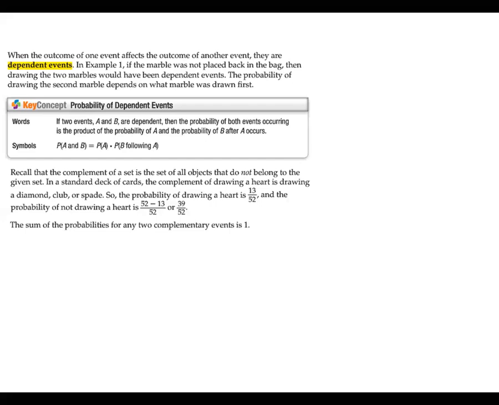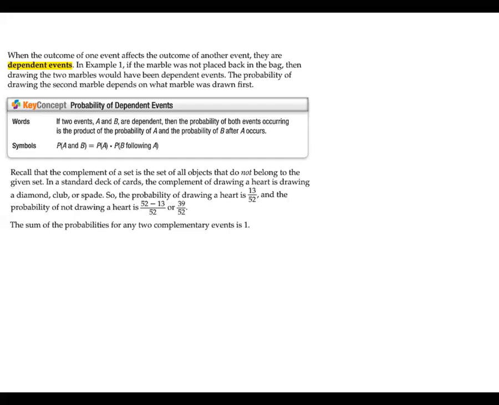The sum of the probabilities for any 2 complementary events is 1, because when you have complements, you have everything that occurs one way in one pile and everything that does not occur in that way in the other pile. So if you think about a deck of cards, all the cards fall into 2 categories. They're either hearts or not hearts.